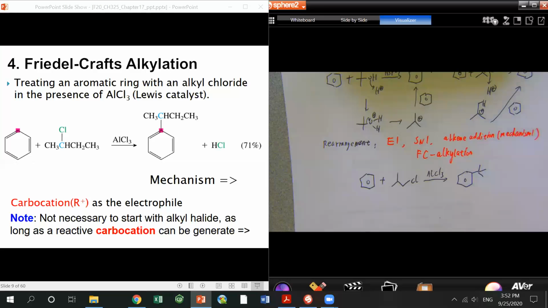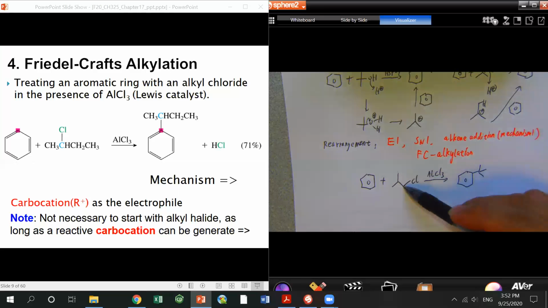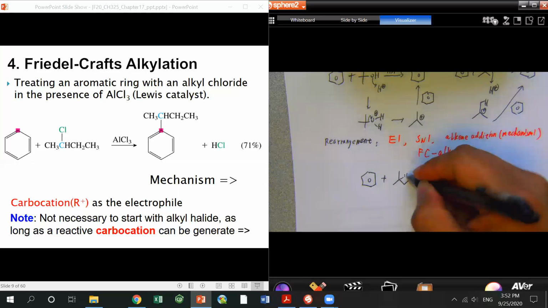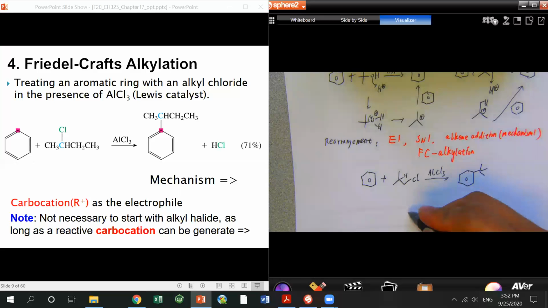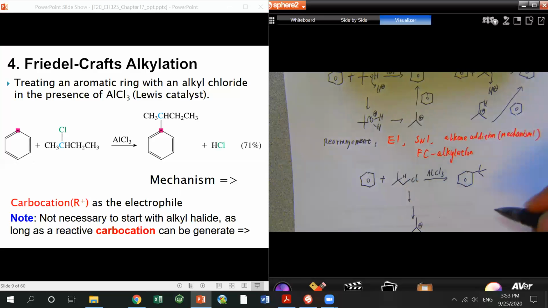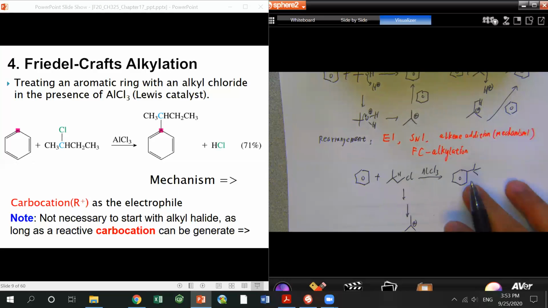The reason is that some rearrangement happened. The chloride leaves, and then you have a 1,2 hydride shift, generating a more stable tertiary carbocation. Something like this, and that's how the reaction happens and gives the final product.